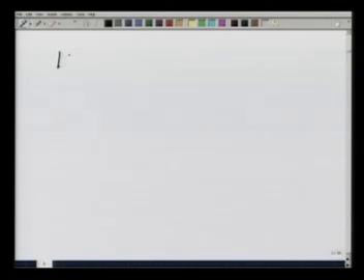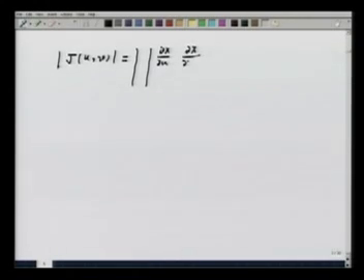Once I have this, I look at the following. I will denote it by mod J(u,v). What is this quantity? It is the modulus of the determinant of the matrix with first row del x del u, del x del v, and second row del y del u, del y del v.